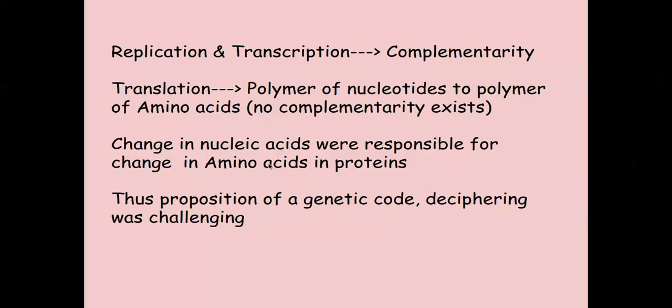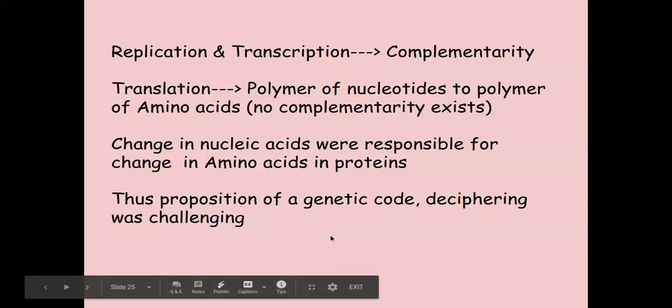So this gave rise to the idea of a code being present that would dictate the amino acid sequence. This led to the proposition of the genetic code, and they knew that there is a code now, but still the deciphering of the code was very challenging, and people struggled with it for years.